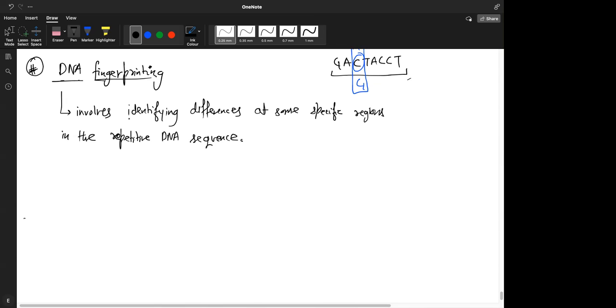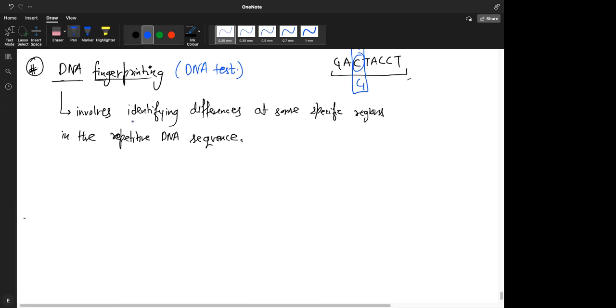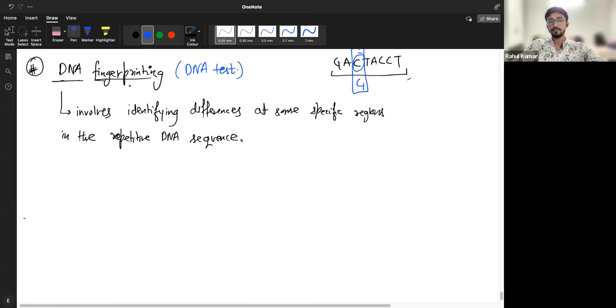So it's done through DNA fingerprinting. It's commonly known as the DNA test. You must have read or heard of it in the context of testing for biological father or mother. That's the same thing we are studying right now.